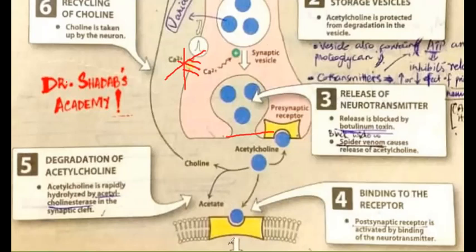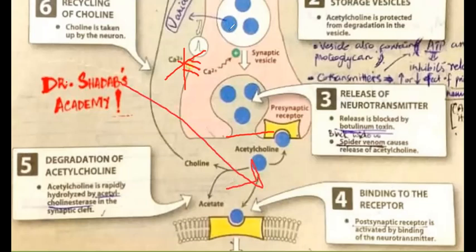But in myasthenia gravis, the problem is at this particular level, at the NMJ, the neuromuscular junction. So you have to remember the difference, but the end result is the same. That is why in the myasthenia gravis patient, when the patient wakes up from bed, the patient is fine, but with the passage of time, the patient's activity declines.